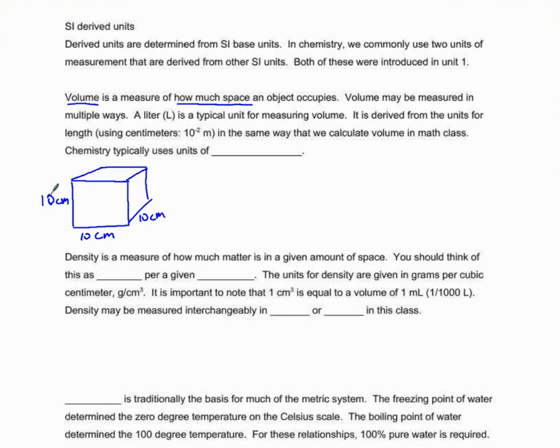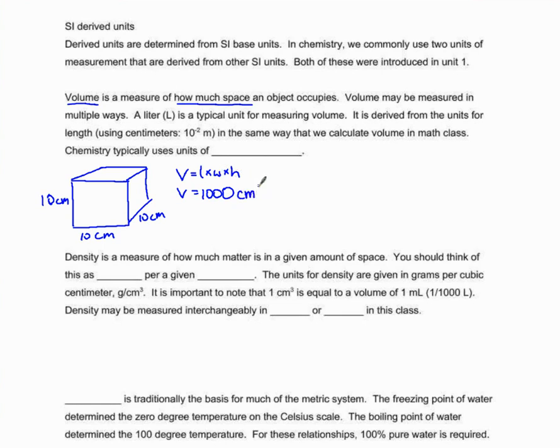The volume of this cube is length times width times height, or 10 times 10 times 10. 10 times 10 times 10 is 1,000, and our units here, so this is 10 centimeters, this is 10 centimeters, and this is 10 centimeters.